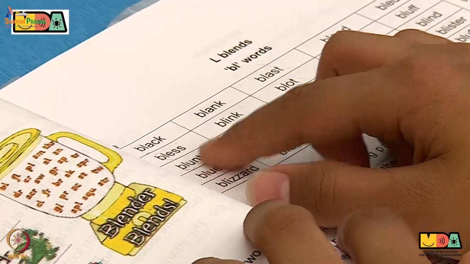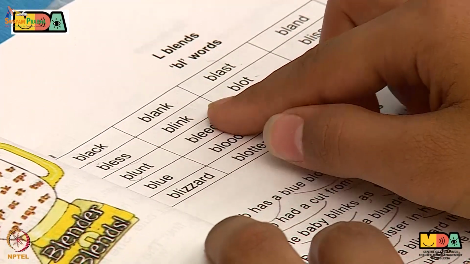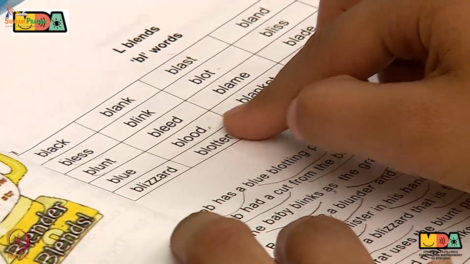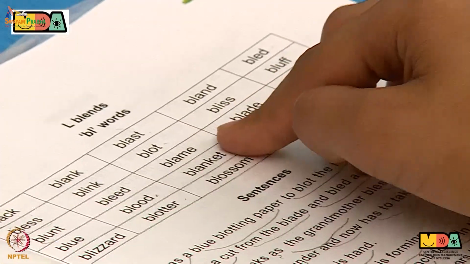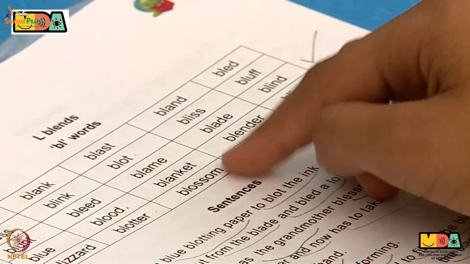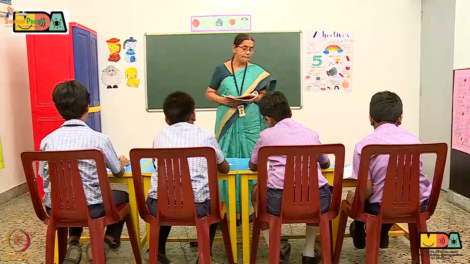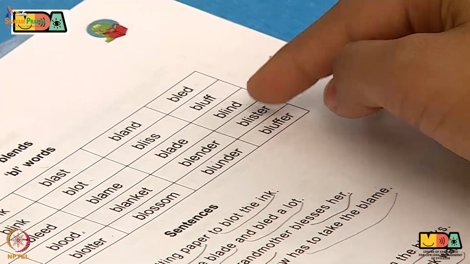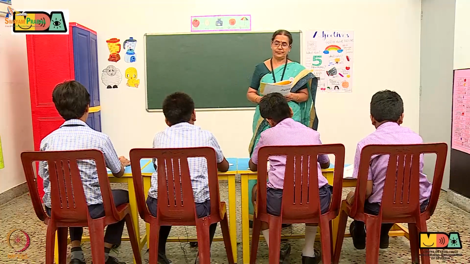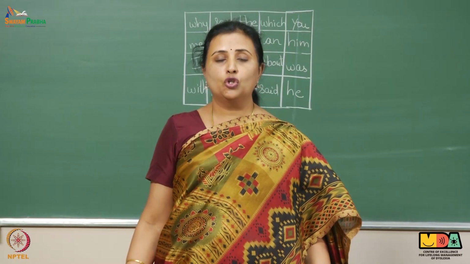Black, plus, blend, blue, lizard, blank, blink, bleed, blood, water, blast, loud, blade, blanket, blossom, land, bliss, blade, blunder, bluff, blind, blister, bluffer.